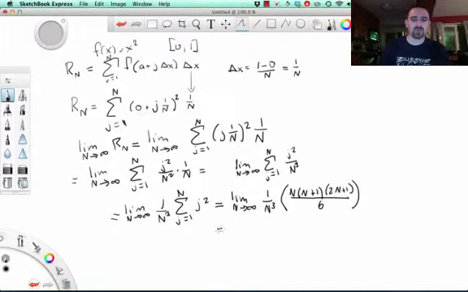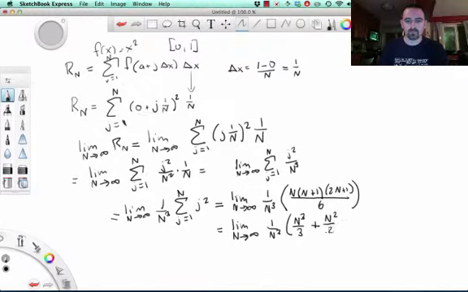All right, this is getting interesting now. Now I have, as n goes to infinity, the limit of a rational function. One form of this, I can simplify as n cubed over 3 plus n squared over 2 plus n over 6, all over n cubed.